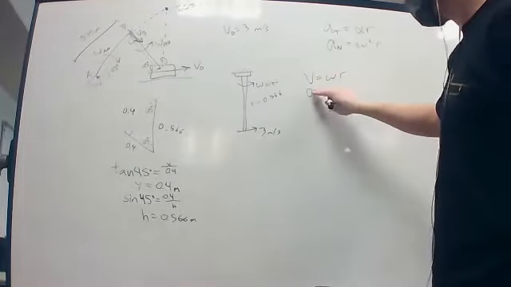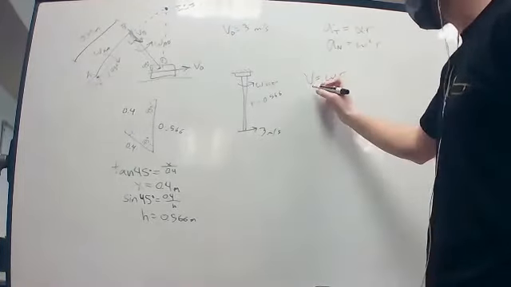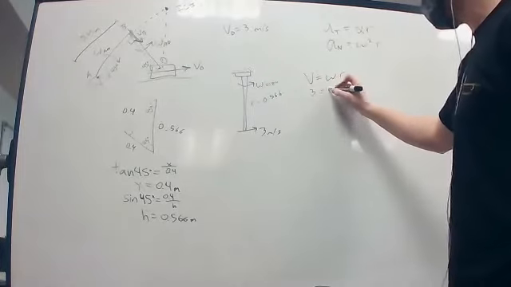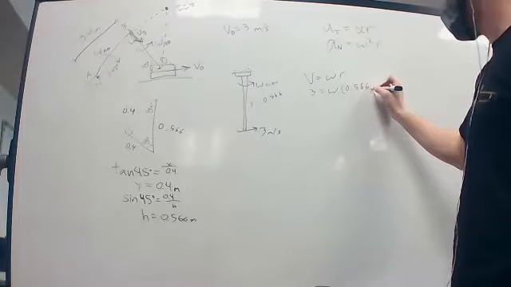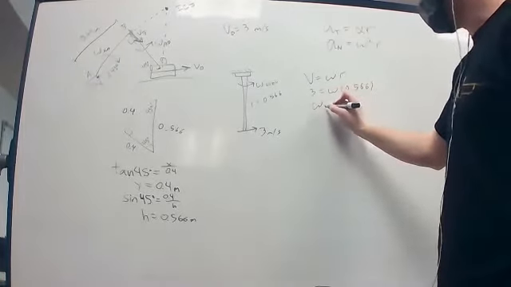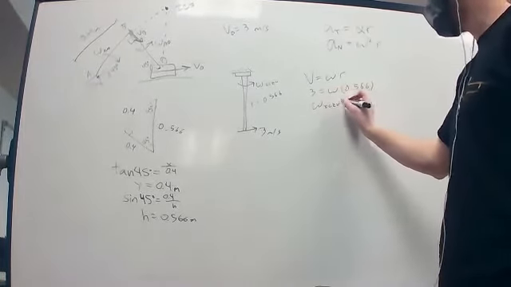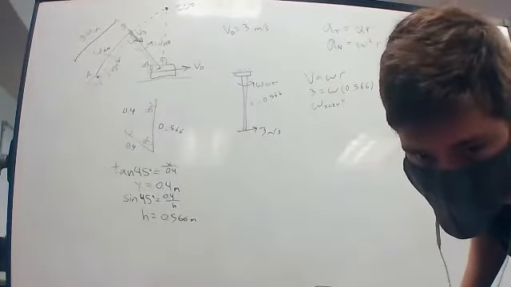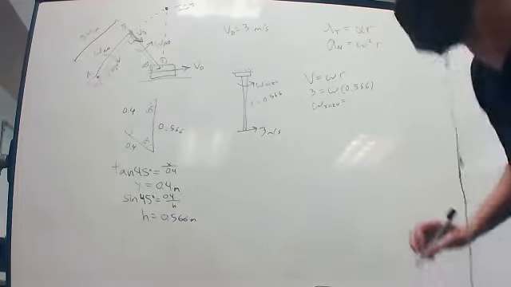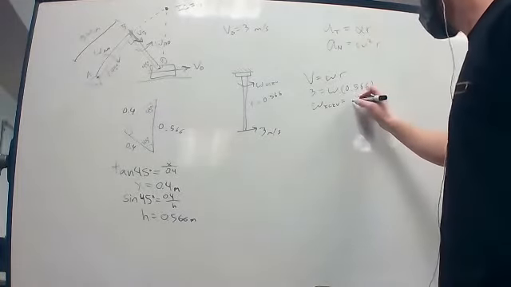So we can say 3 is equal to our unknown omega times 0.566. And now omega of ICZV, this omega, we have solved for it to be 5.3 radians per second.